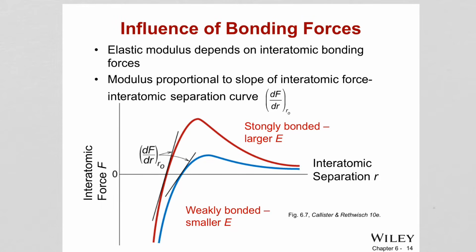If you have this force versus separation curve, the slope at the equilibrium separation distance gives you the modulus. The strongly bonded ones will have a bigger slope. Weakly bonded ones will have a smaller slope and therefore a smaller modulus.